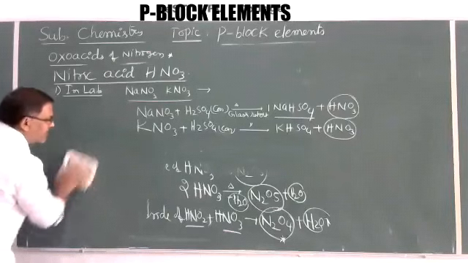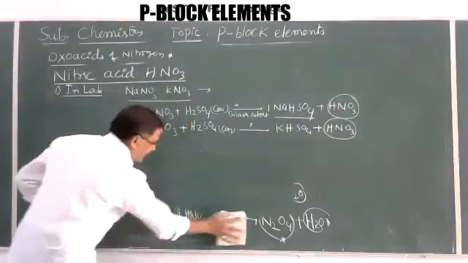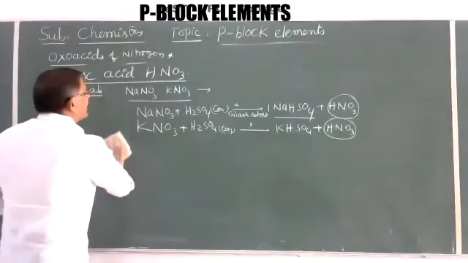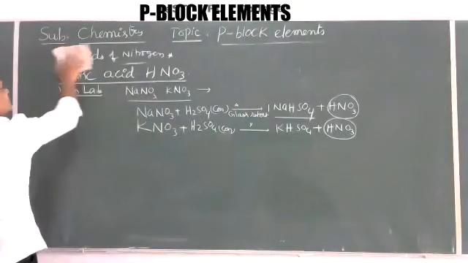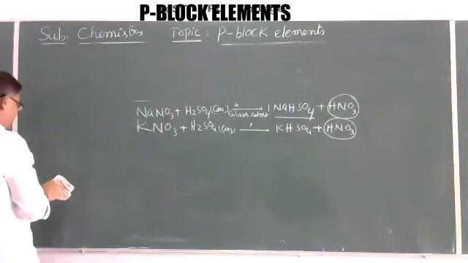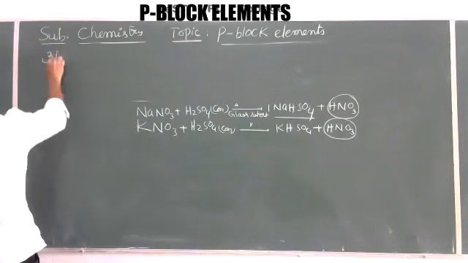Very, very important. The next question is a 3 marks guarantee. That is the manufacture of nitric acid by Ostwald's process. It is a three marks question.